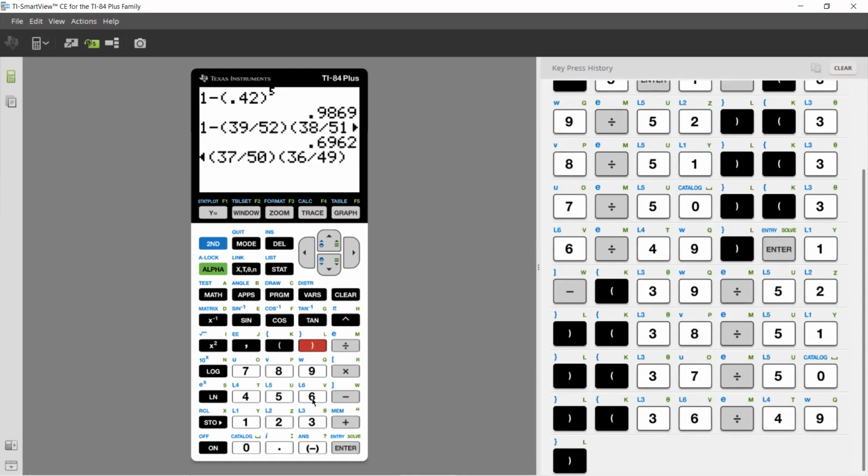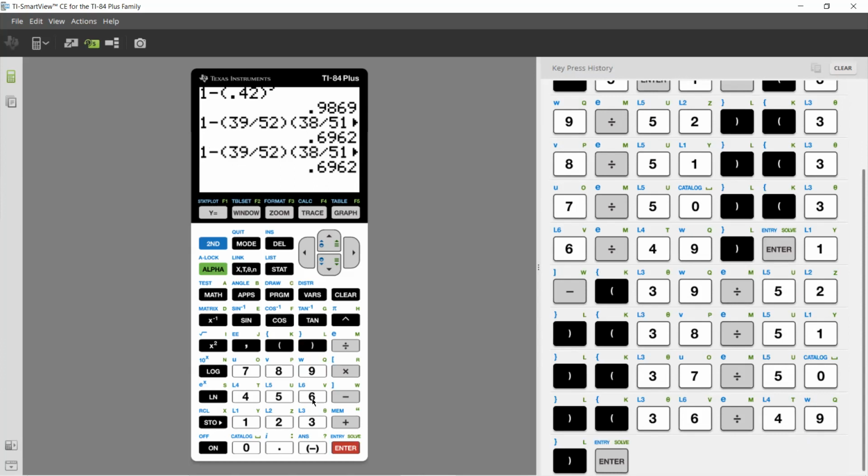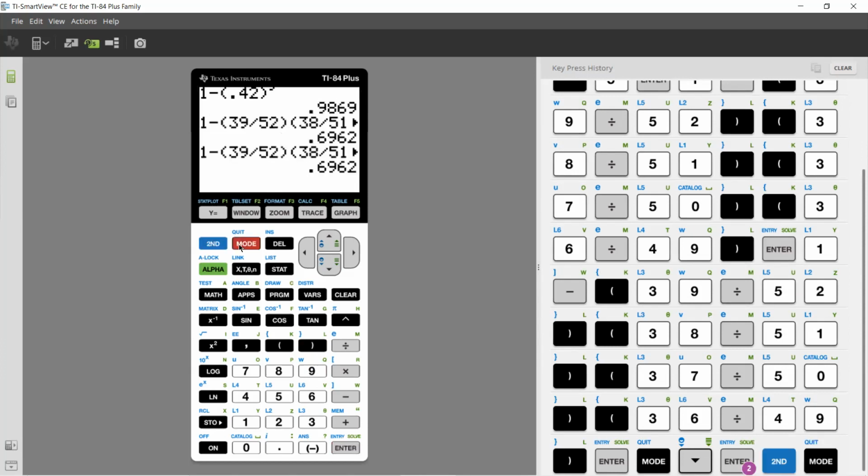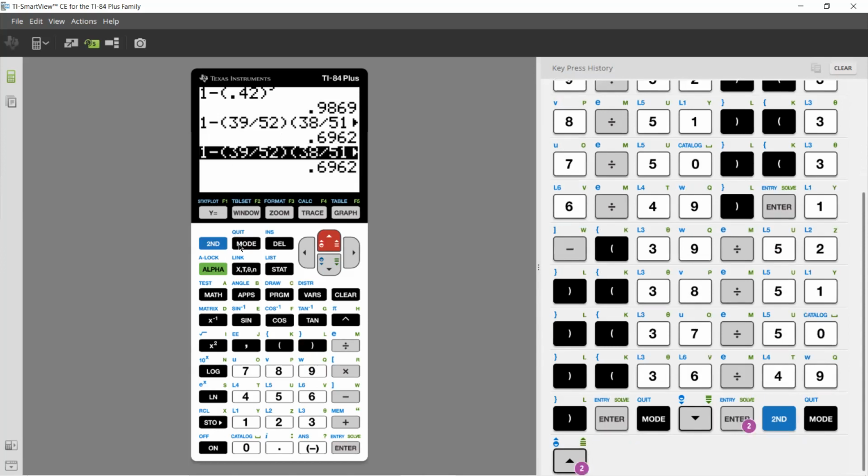And I'm getting 0.6962. Just out of curiosity, let me put myself on float, see if I get the whole decimal. Because the whole decimal is going to cause me to round again.